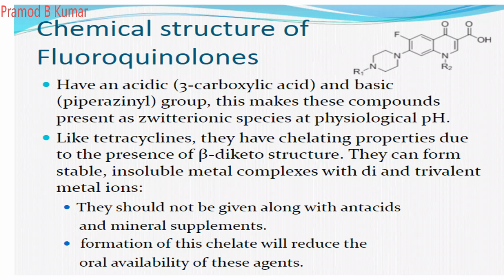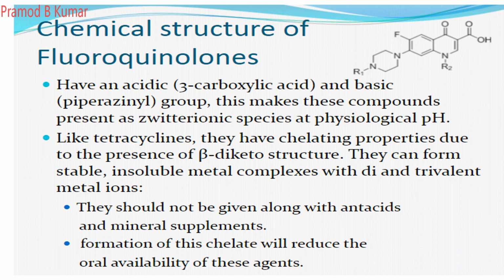So what are the things which are present in your fluoroquinolones? It contains a carboxylic acid at the 3rd position and a basic piperazine group at the 7th position. So it acts as a zwitterion. What do you mean by zwitterion? It has an acidic portion as well as a basic portion in the compound itself.